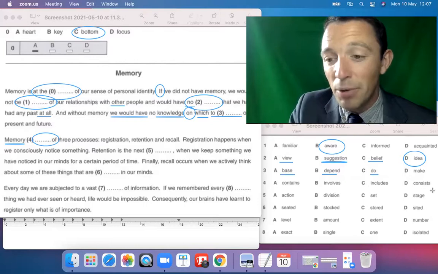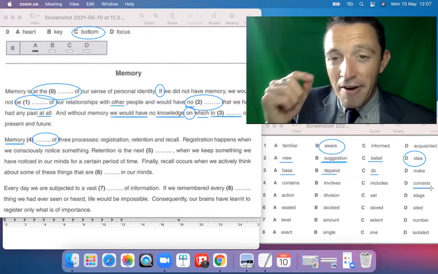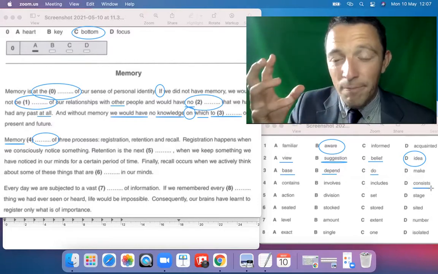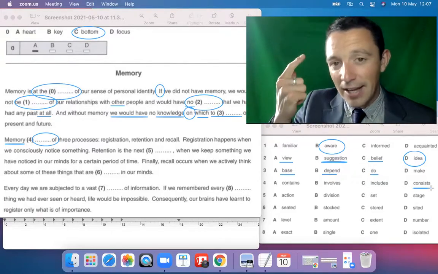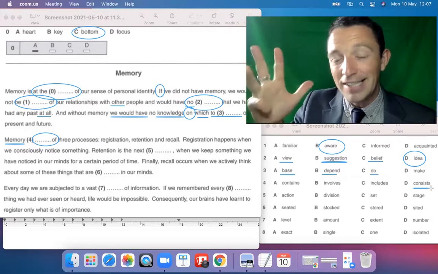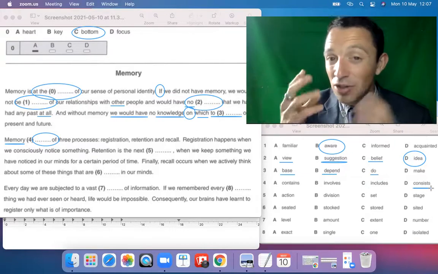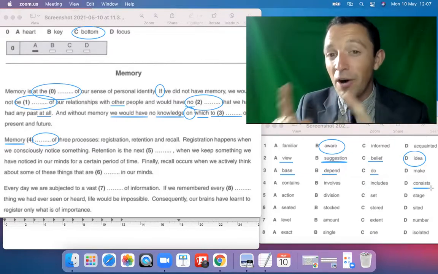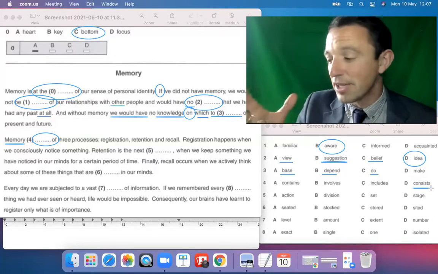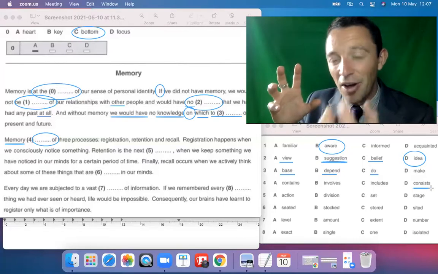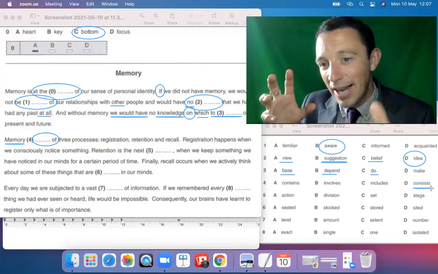But with the next verb, consists, it's very, very typical with the preposition of. Okay, so the lasagna consists of meat, tomatoes, cheese, pasta. It consists of, and it's another possibility, made up of, but consists of is the very, very typical preposition. For example, the medicine consists of paracetamol, lemon.